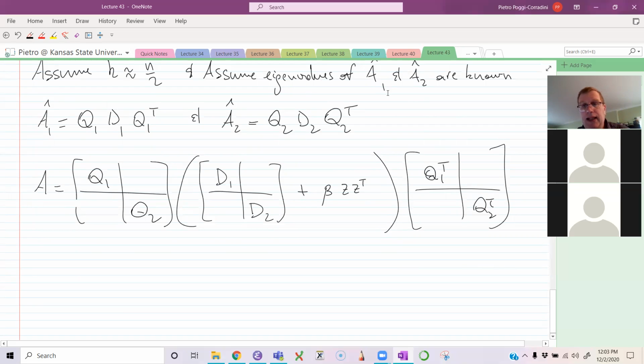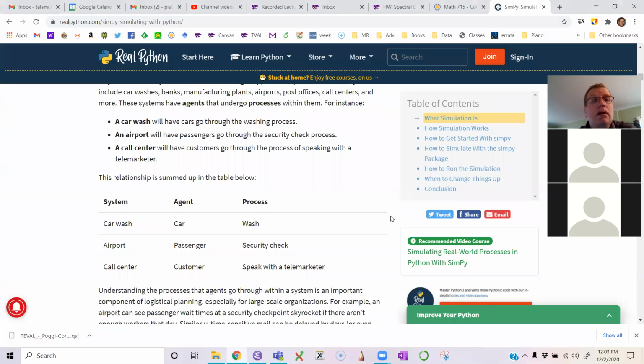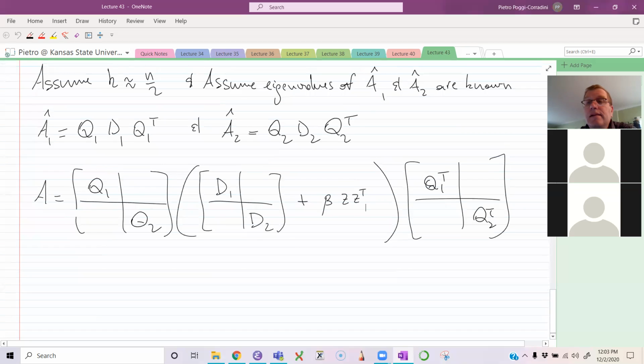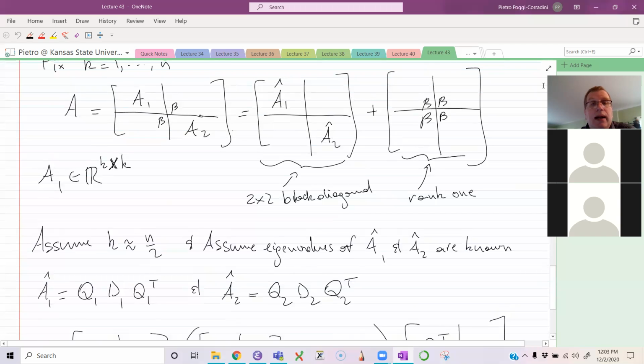Beta is this beta here, right? This off-diagonal term of the K by K block.